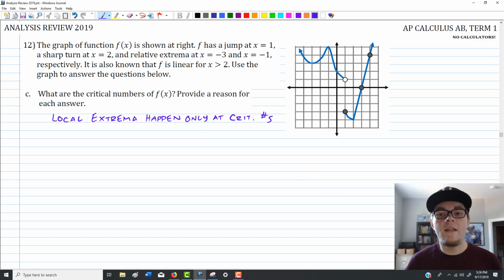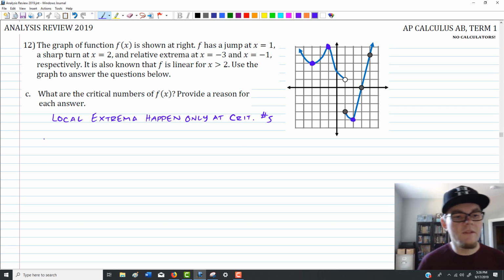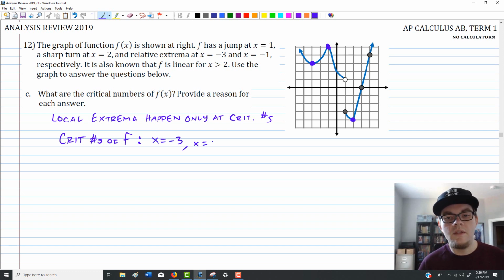So that tells me right off the bat that I've got 3. I've got 1 right there, 1 right there, and 1 right there. Those critical numbers of f include, it looks like, x equals -3, x equals -1, and x equals 2.